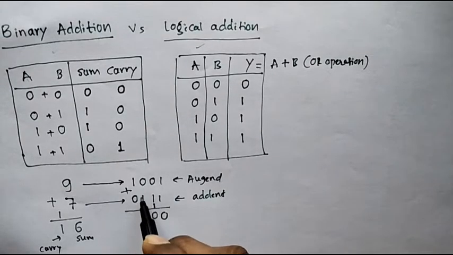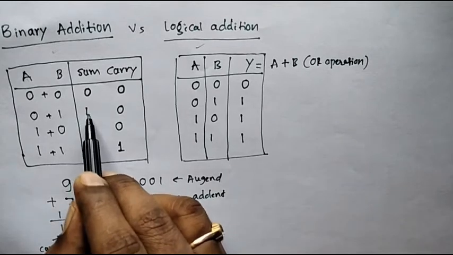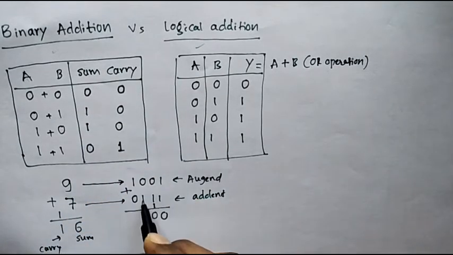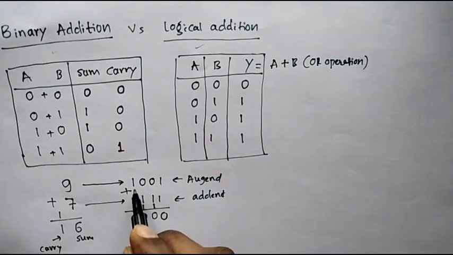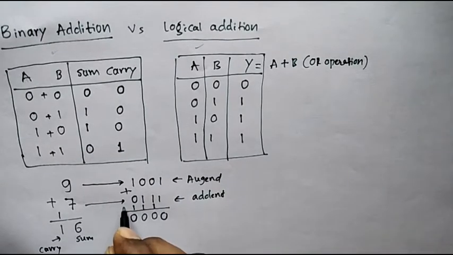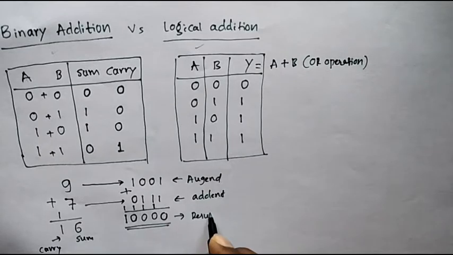When 0 is added with 1, it produces sum as 1 and carry as 0. That 1 is again added with 1, produces 0 and carry as 1. When 1 is added with 1, it produces sum as 0 and final carry 1. This is the result of addition of two binary numbers.